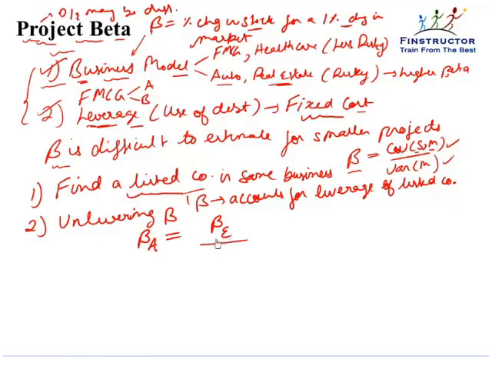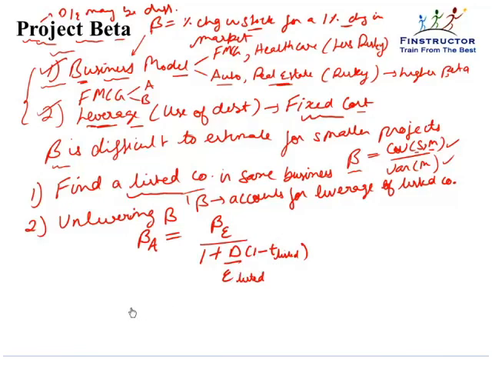We do that by dividing it by 1 plus the debt to equity ratio, please note this has to be of the listed company, into 1 minus the tax rate of the listed company, because debt gives a tax relief. So D we multiply into 1 minus T. But please note, both of these, the debt equity ratio as well as the tax rate, need to be of the listed company.